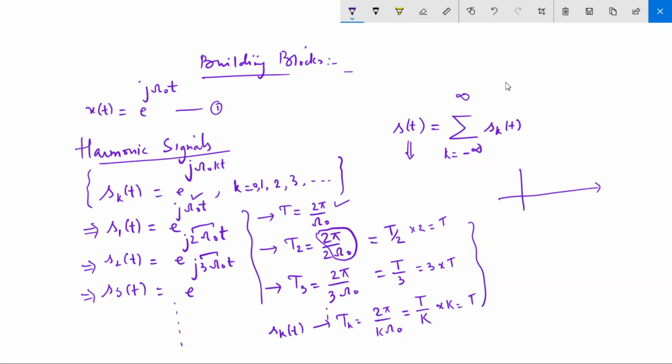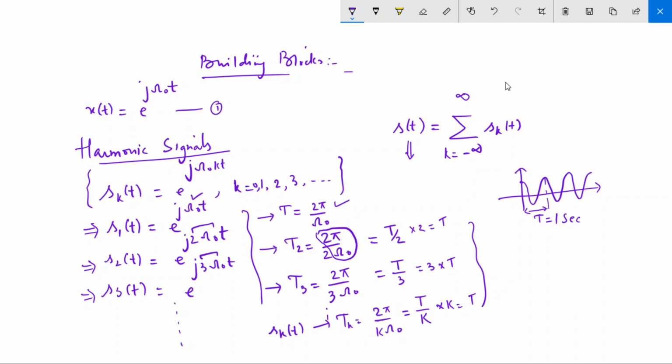Suppose we have a signal, and let us suppose that the time period of this signal is 1 second. Okay, this is the time period T, which is equal to, suppose, 1 second. It is the minimum time after which the signal starts repeating.